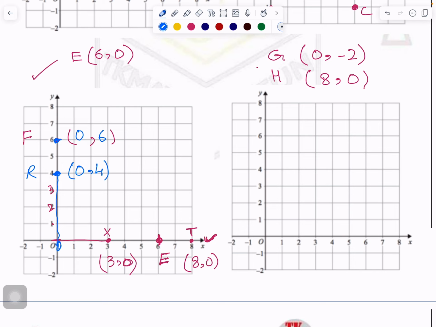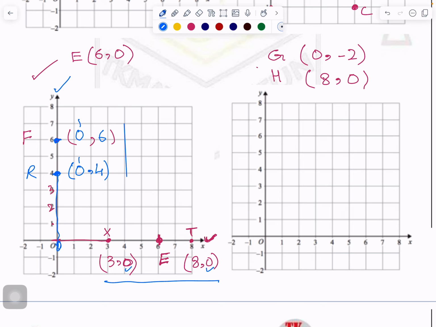So what do you notice? Can you tell me? What do you notice here? And what do you notice here? I think you are 110% right. On the x-axis, the y coordinate is 0. And on the y-axis, the x coordinate is 0. Extremely, extremely important concept. Remember it.